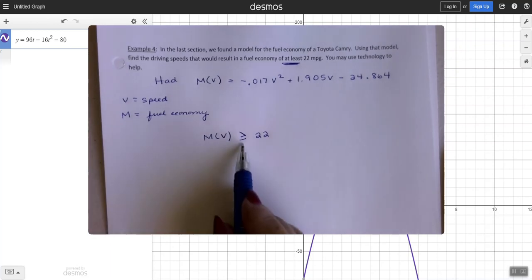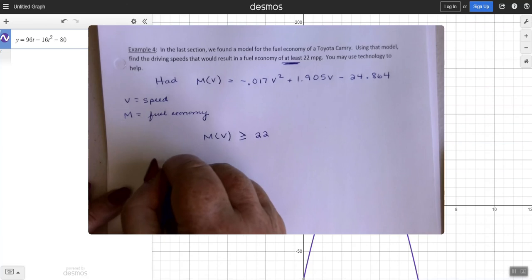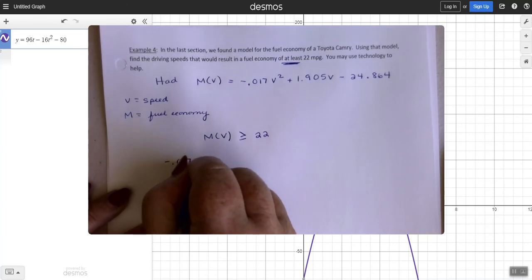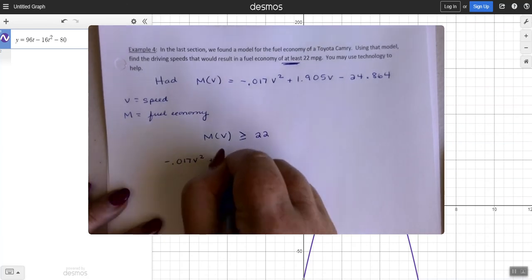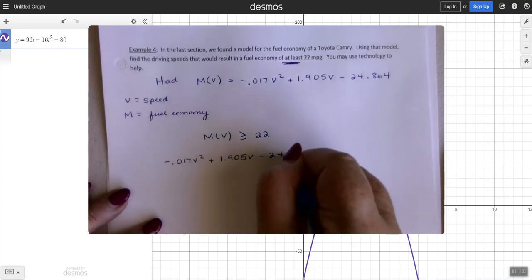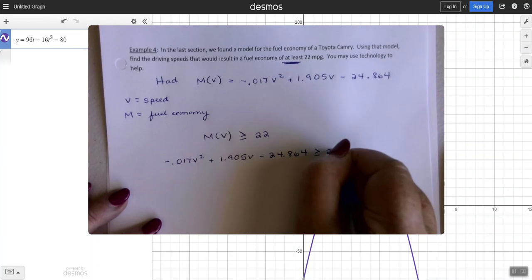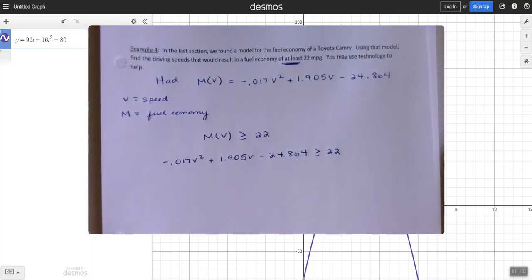If it's equal to 22, it's at least 22. And if it's anything bigger than 22, it's at least 22. So I'm going to put my function in here. And I want to know where that's greater than or equal to 22.